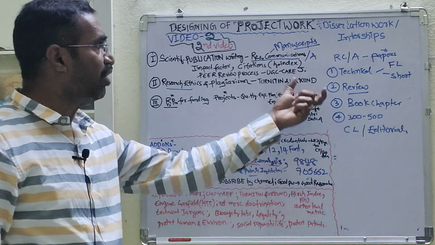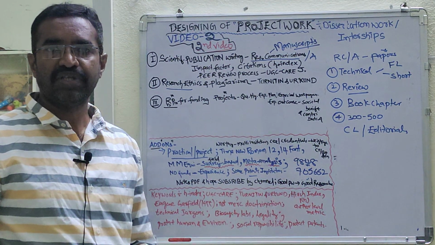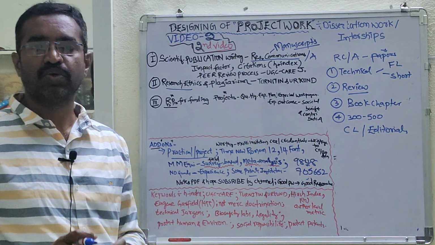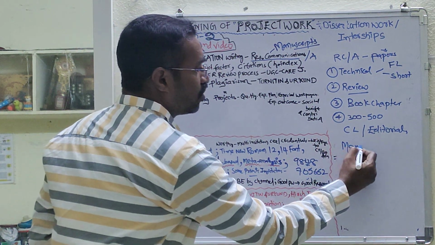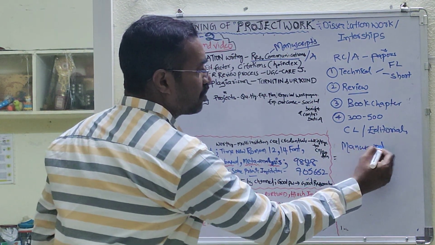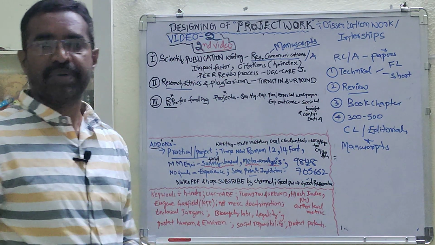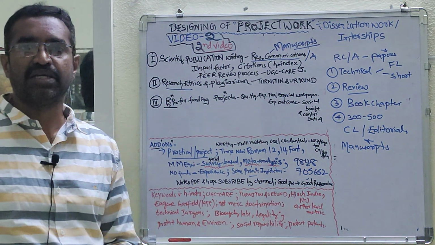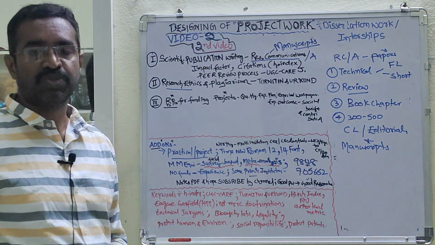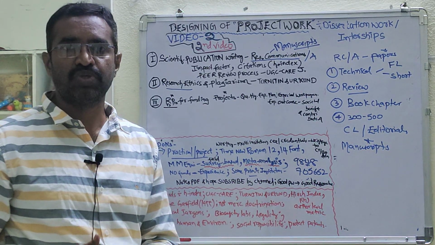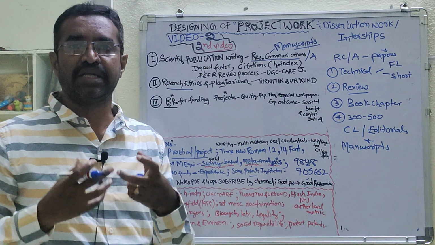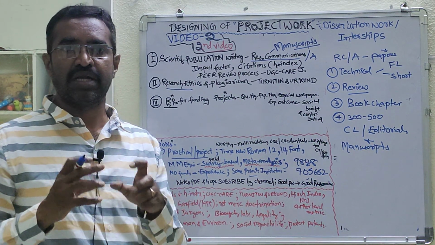Whatever kind of paper it may be, initially we are going to write it, so it is called a manuscript. These manuscripts are being prepared, and you have to keep in mind that they should not be away from your objectives, the objective-related research or outcomes.